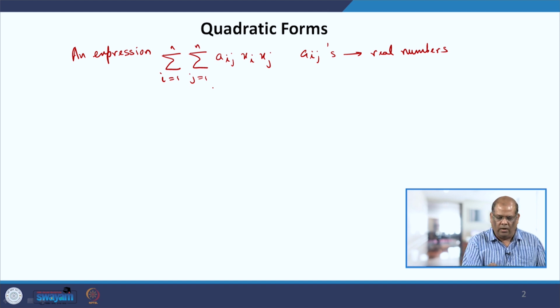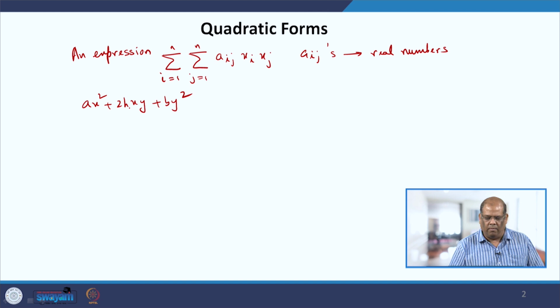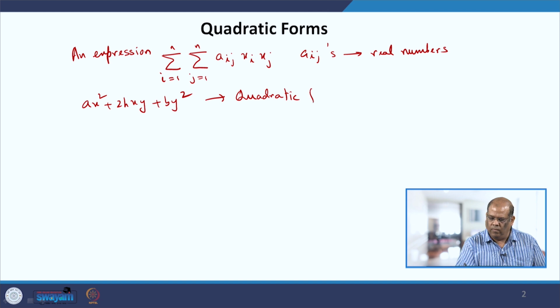For example, if I write ax square plus 2hxy plus by square, where a, h and b are real numbers, then this is a quadratic form in two variables. The variables are x and y.